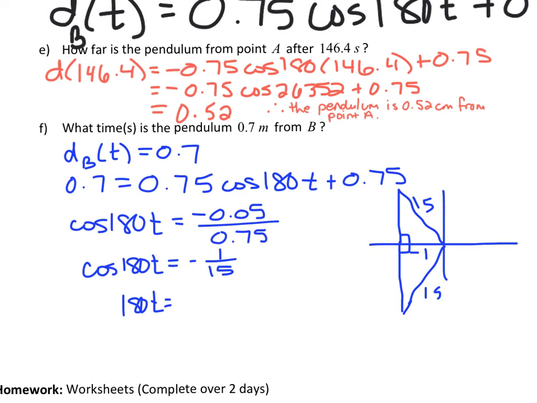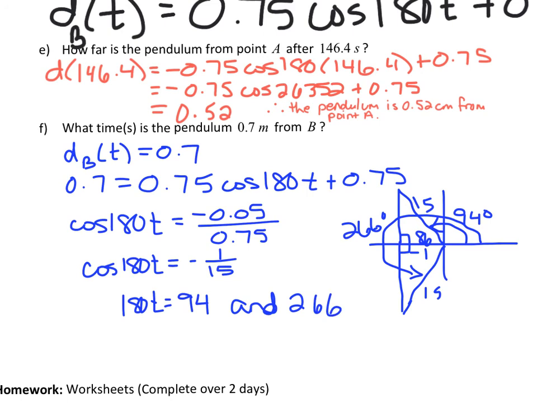The inverse cos of positive 1 over 15 gives us 86, which is our related angle, which means that our terminal angle here is 94 degrees. And the second terminal angle, of course, the one that's over here, is 266 degrees. So we know that 180t is 94 and 266.